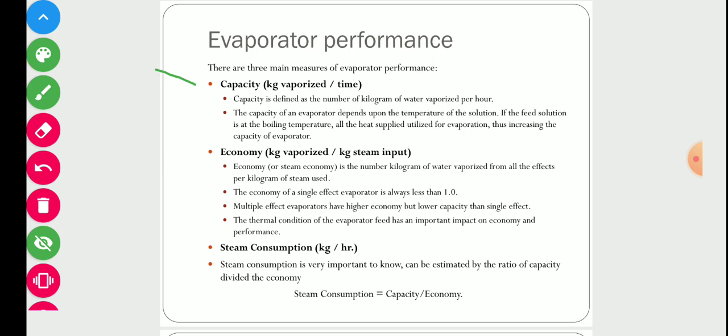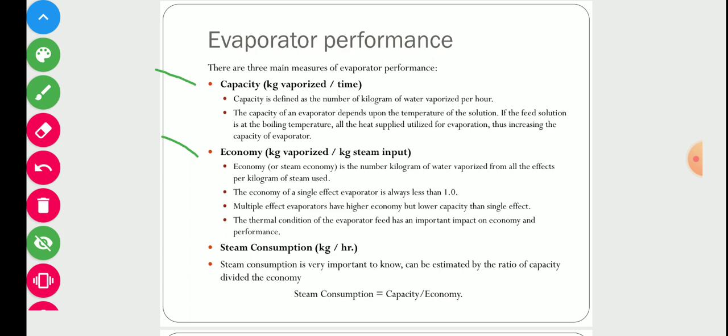The second important parameter is economy, which we also call steam economy. Steam economy is kilograms of water vaporized from all the effects per kilogram of steam used. Now, evaporator operation can be a single effect evaporation or multiple effect evaporation. In single effect evaporation, material has to pass through only one unit.